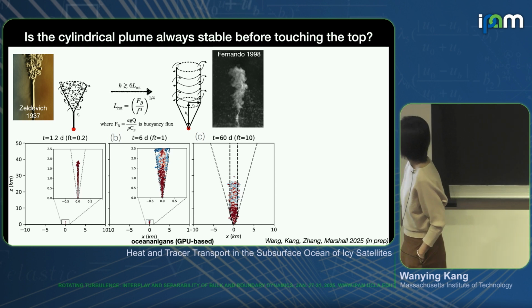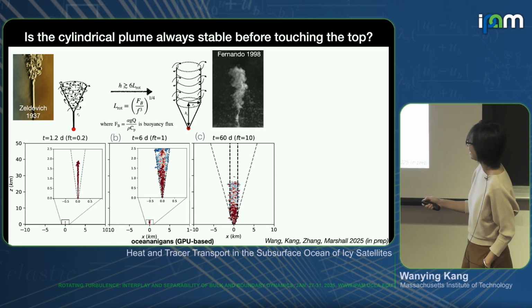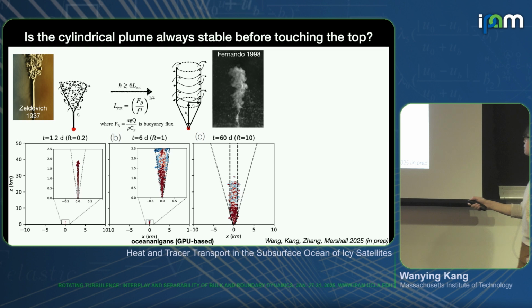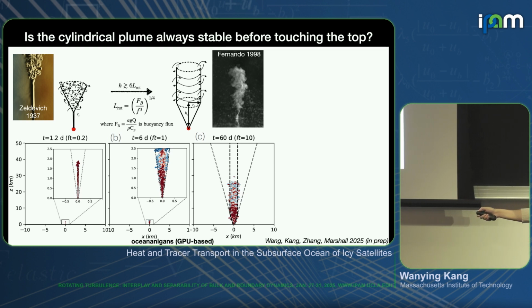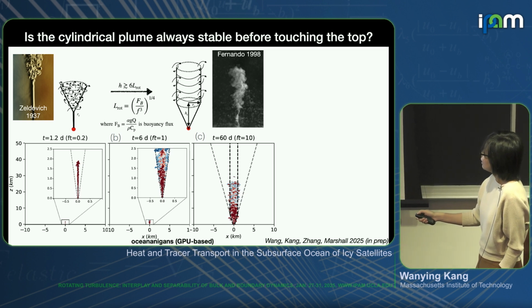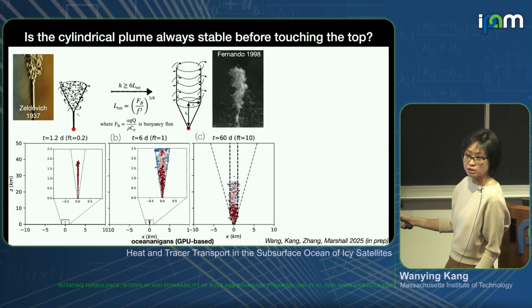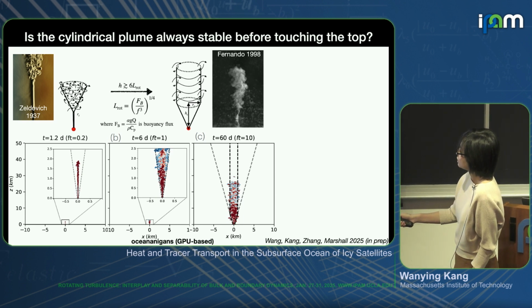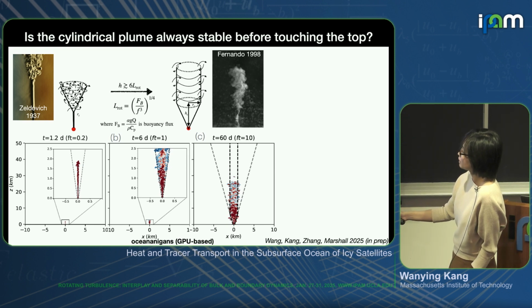So what we do here is we increase the resolution, and under the same setup, which is very similar, we see the development of these first two stages much better. You see this initial laminar stage, and then it starts to become unstable.